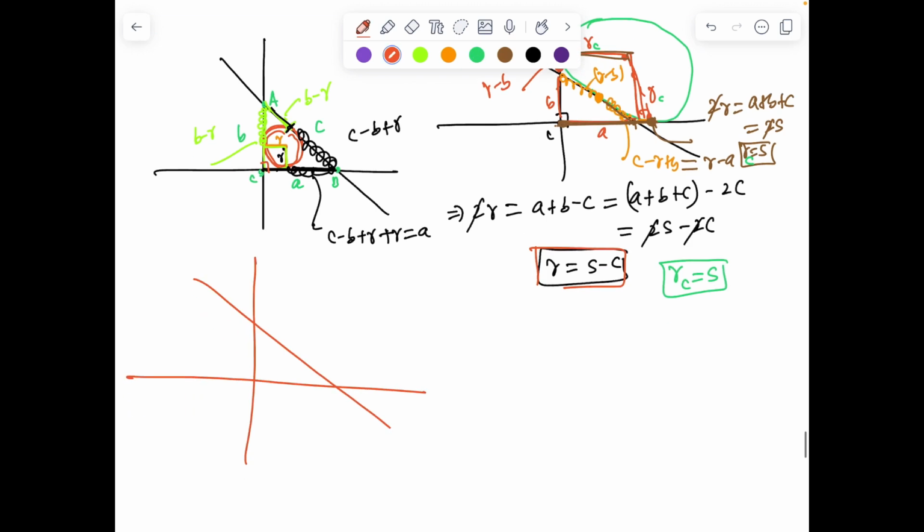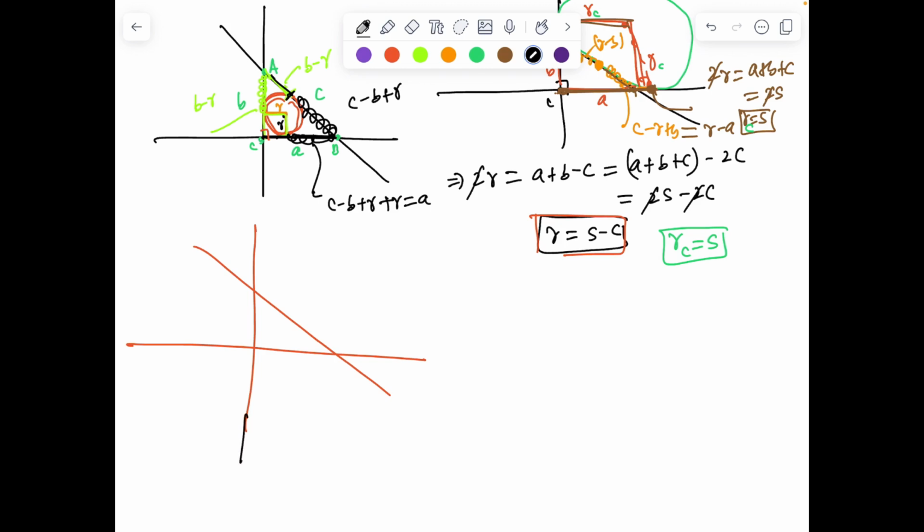Now let me show you what about radius when the excircle is corresponding to this vertex A. So let's go with the same nomenclature of ABC. Exactly in the same fashion, if this radius is, let's say, RA, so this must be RA, right?